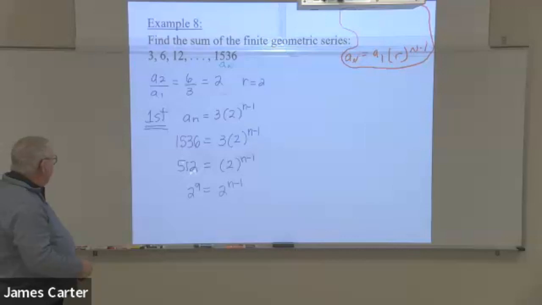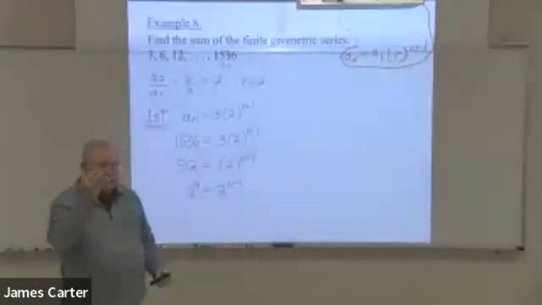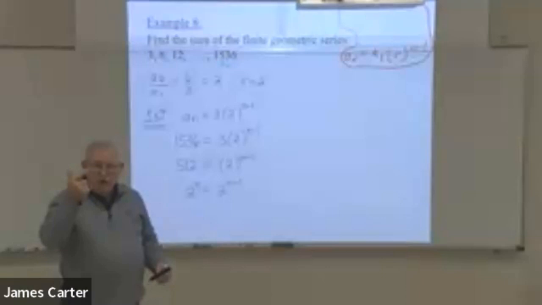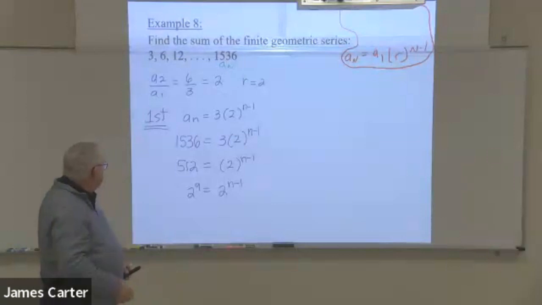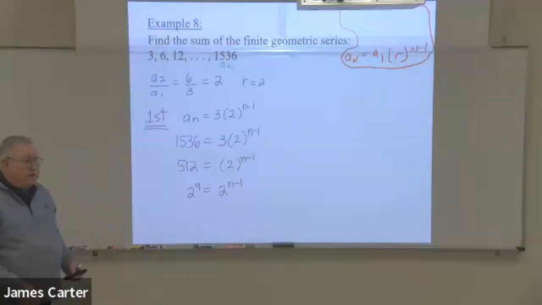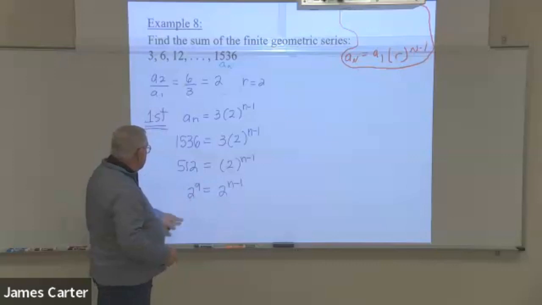It just so happens that 2, 4, 8, 16, 32, 64, 128, 256, 512 happens to be the 9th power of 2. Makes it pretty convenient. So we've got this.